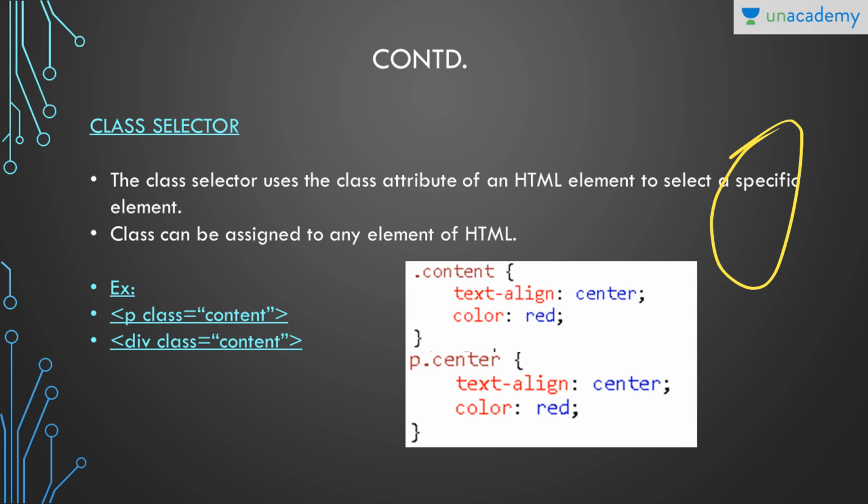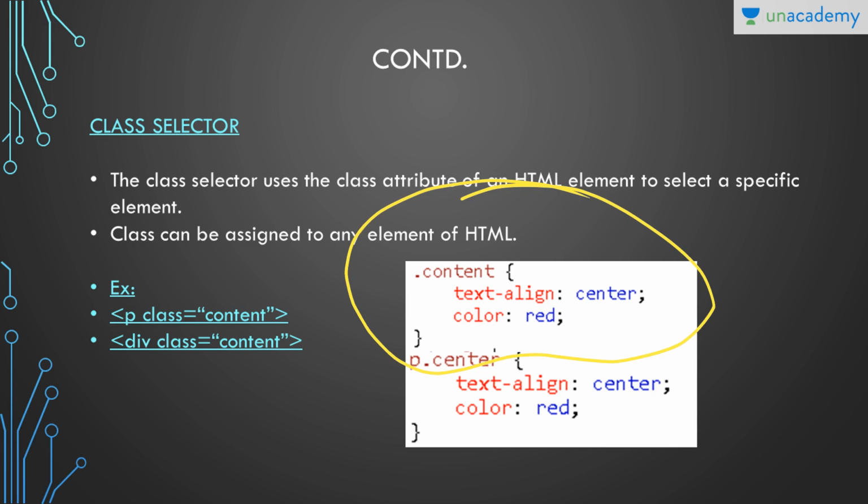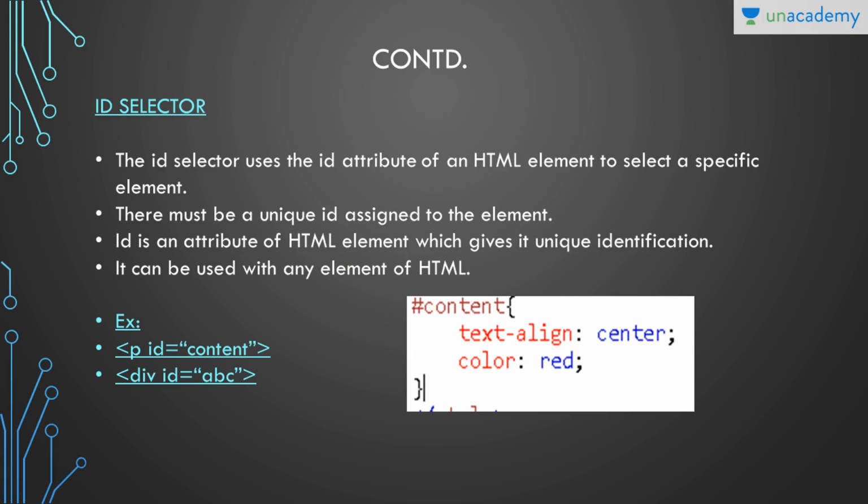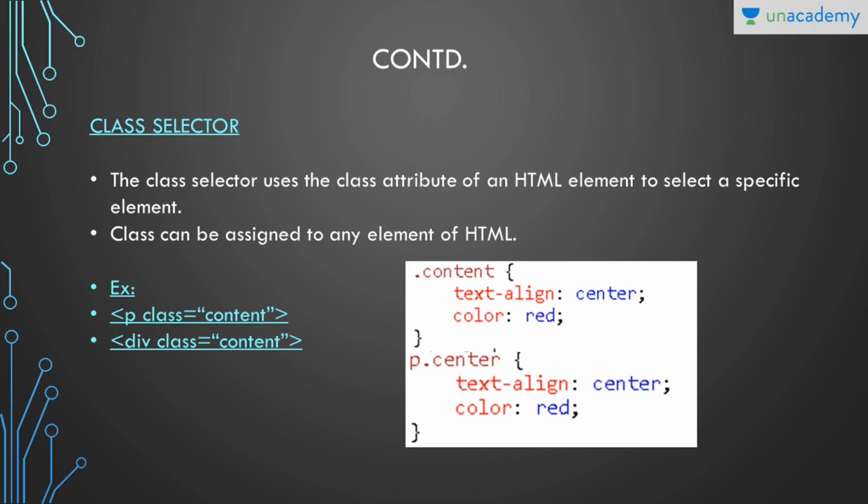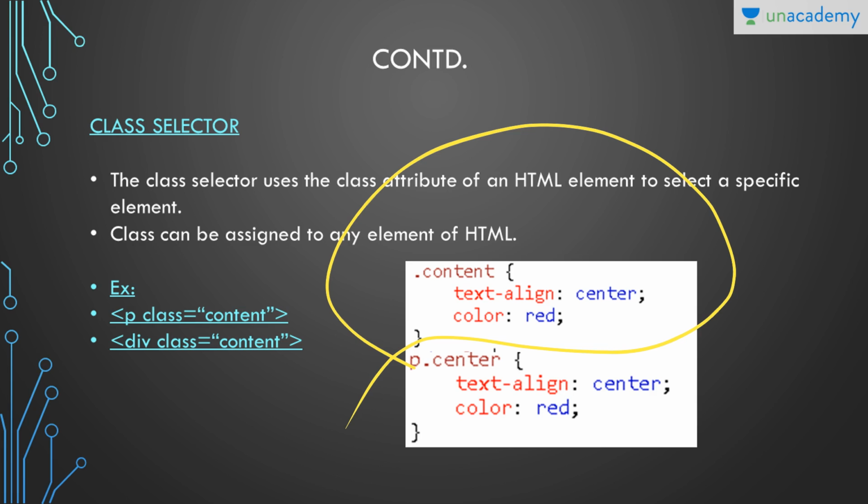Now if I have 5 elements and I have given the class attribute to them, with the name content, right, I can simply define them in my CSS with a dot. In our ID we used hash, and in our class selector we'll use the dot and then the name of the class. Okay, and after that the particular code is applied to all the elements of that class.